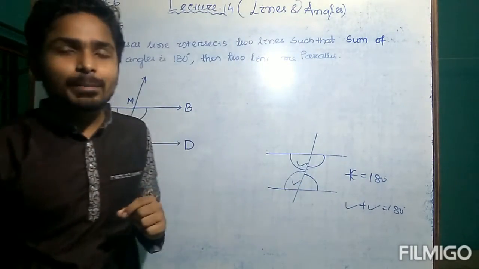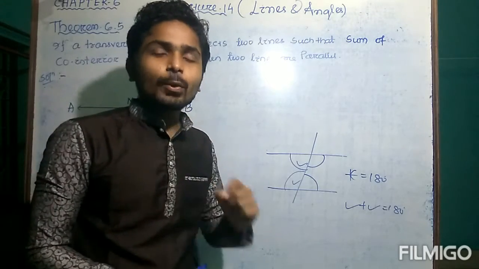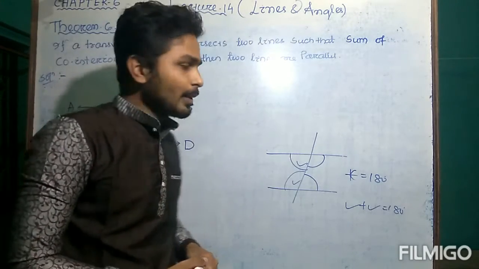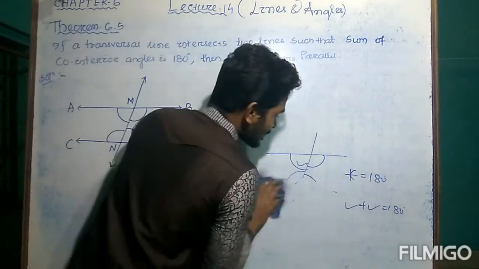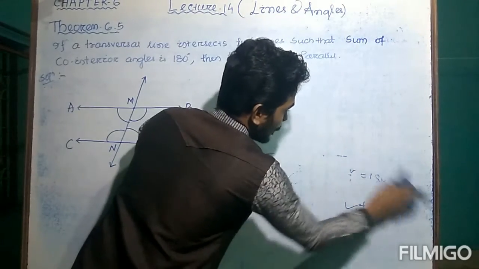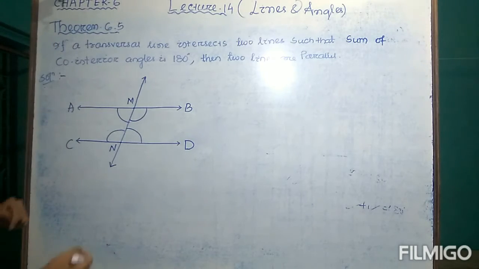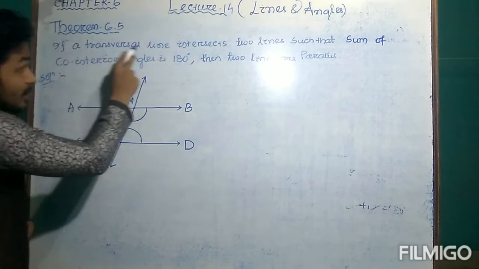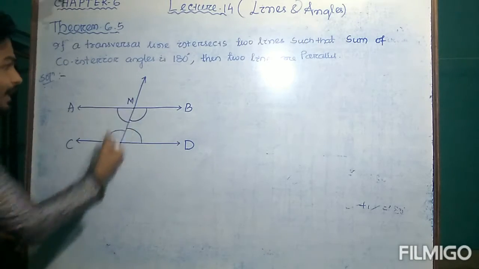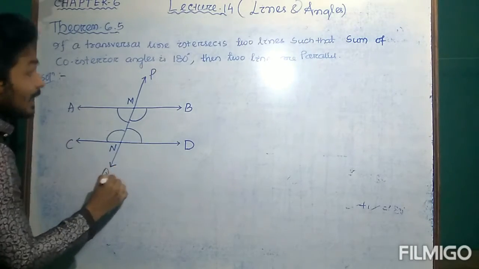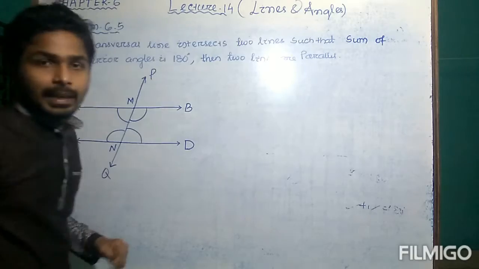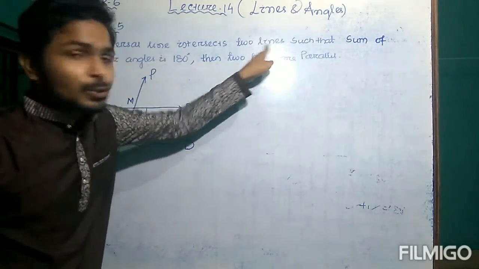And now we will discuss another theorem, theorem number 6.5. Okay, so let us understand the statement of that theorem. According to theorem 6.5, it is given that if a transversal line PQ intersects two lines, it is not given that these two lines are parallel.